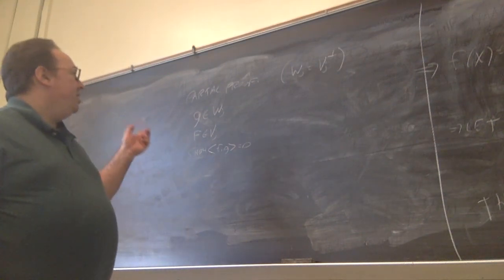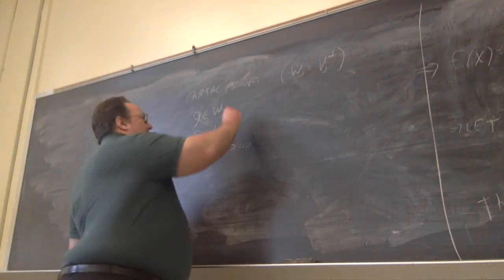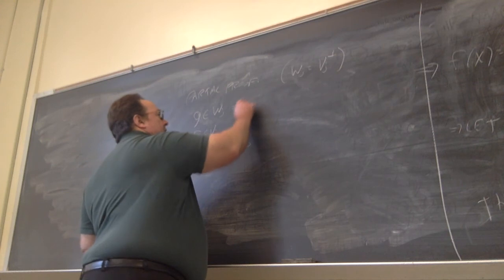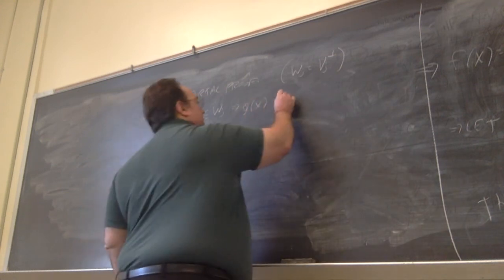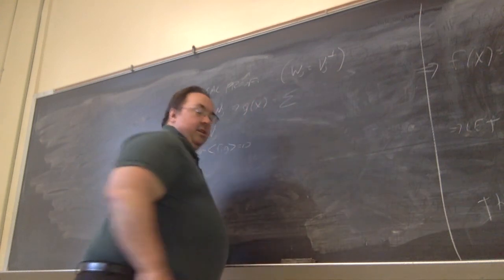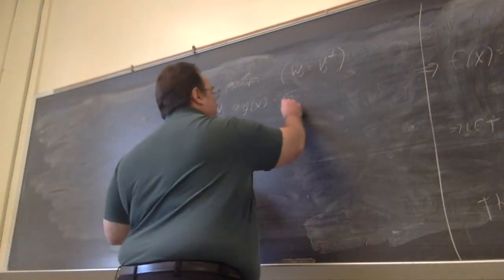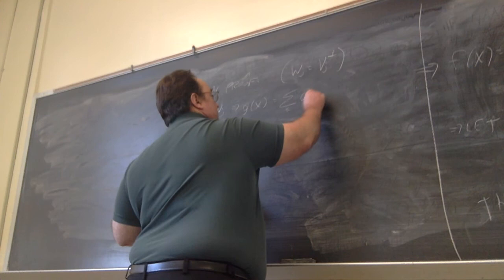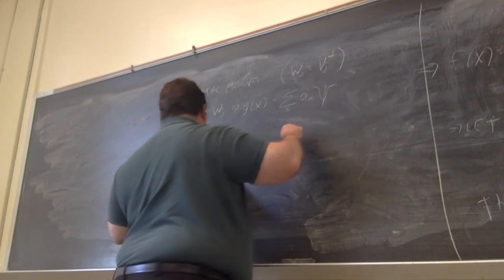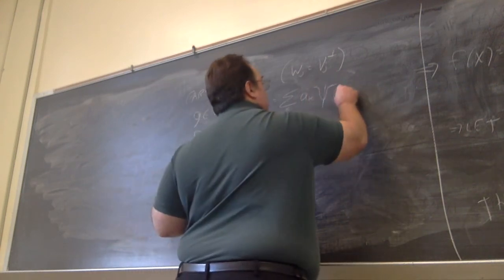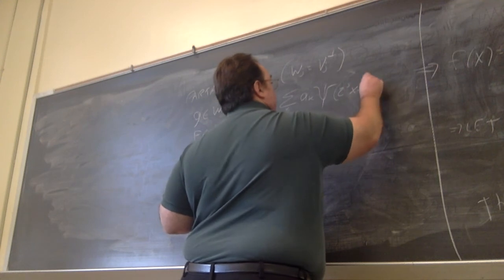Now, because g is in Wj, I can express it as a linear combination of wavelets. So I'll have some combination of a_k psi of 2 to the j x minus k.